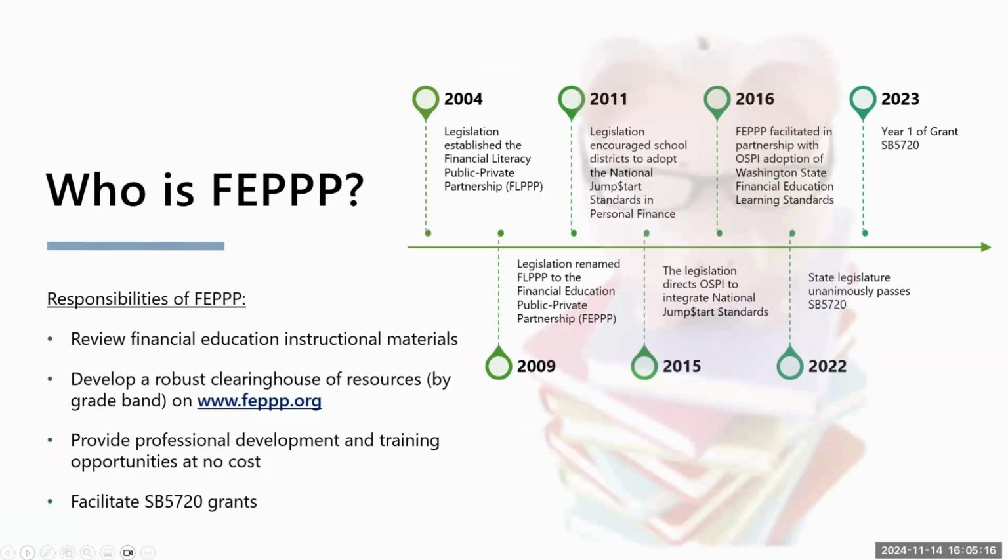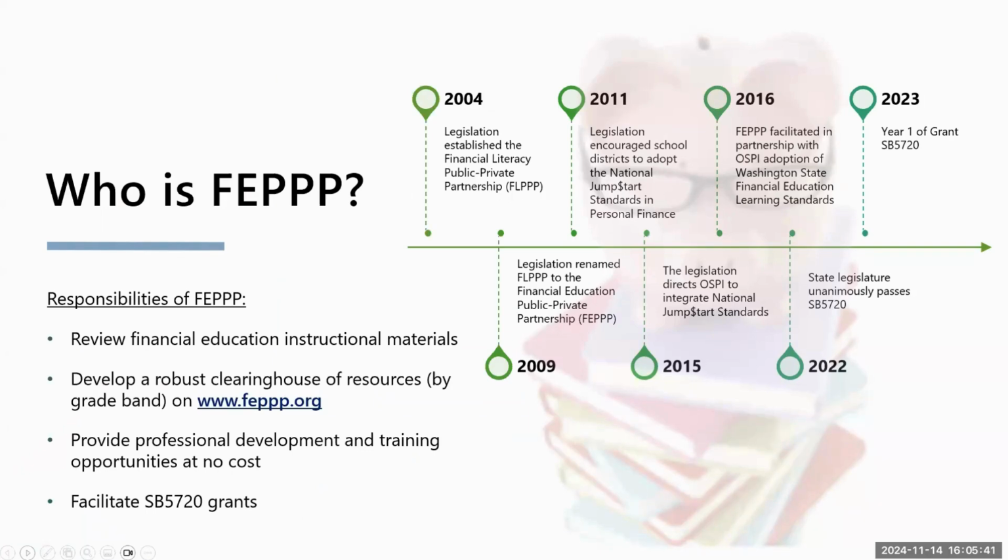So who is SEP? Who are the Financial Education Public-Private Partnership? Tis us. It's a long name, but it's an important job. We were formed in 2004 by our Washington State Legislature, and our overarching charge is to increase access to financial education across our K-12 Washington schools. And we do this by reviewing financial education instructional materials.